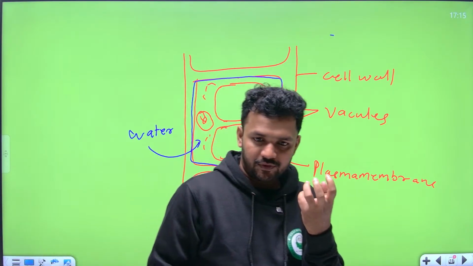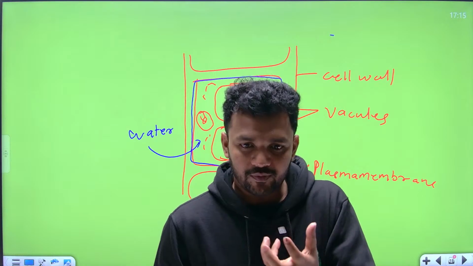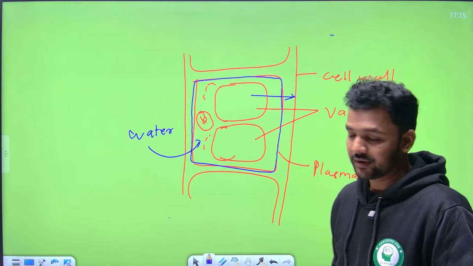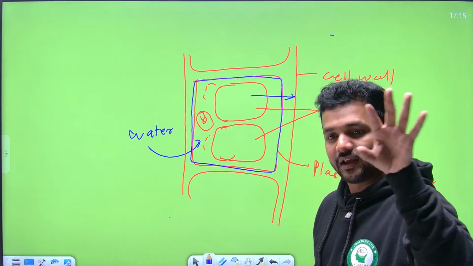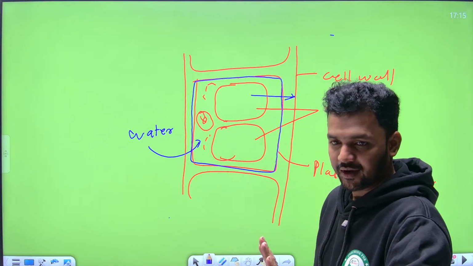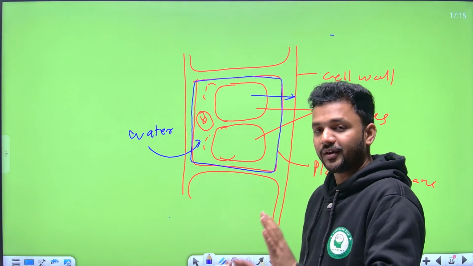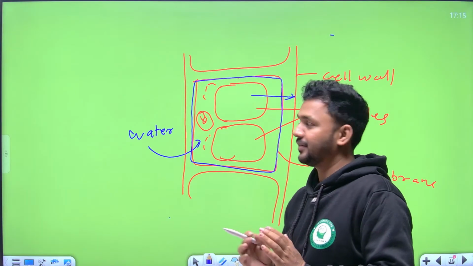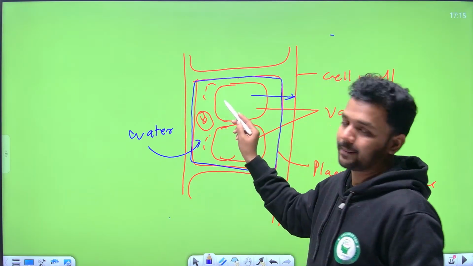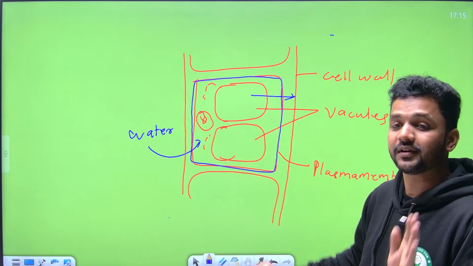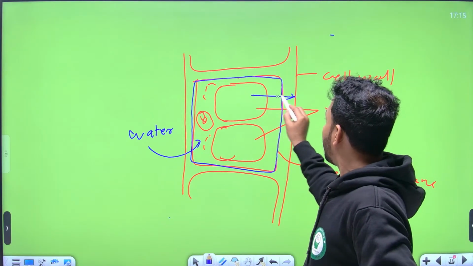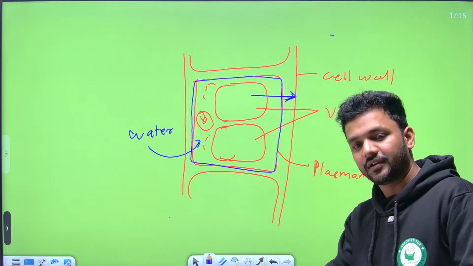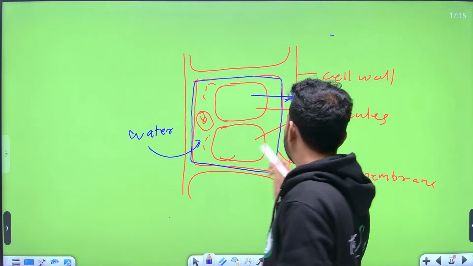The pressure of the cell wall on the cell membrane to prevent the cell from rupturing, that is wall pressure. Okay. The pressure exerted by the cell wall is wall pressure. And the pressure exerted by the turgor of the cell shape due to endosmosis, that is turgor pressure. It means the pressure exerted on the cell wall is turgor pressure and the pressure exerted by the cell wall is wall pressure.